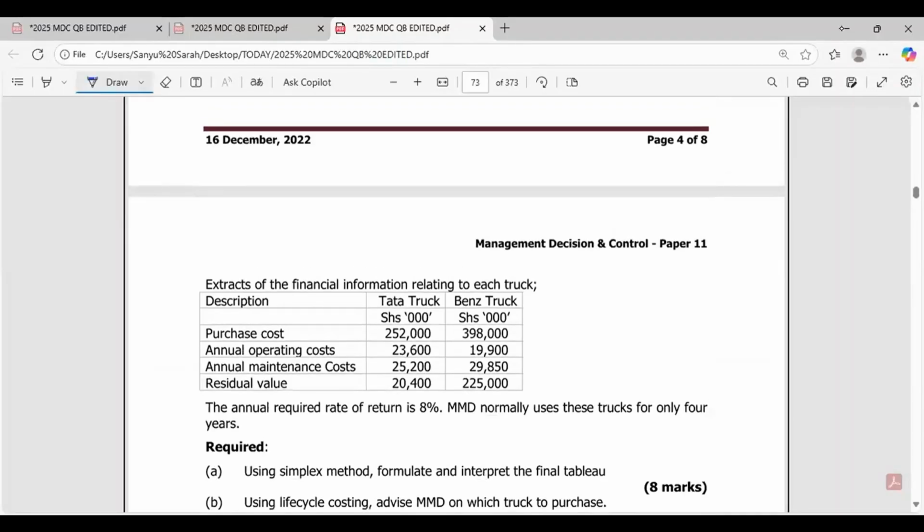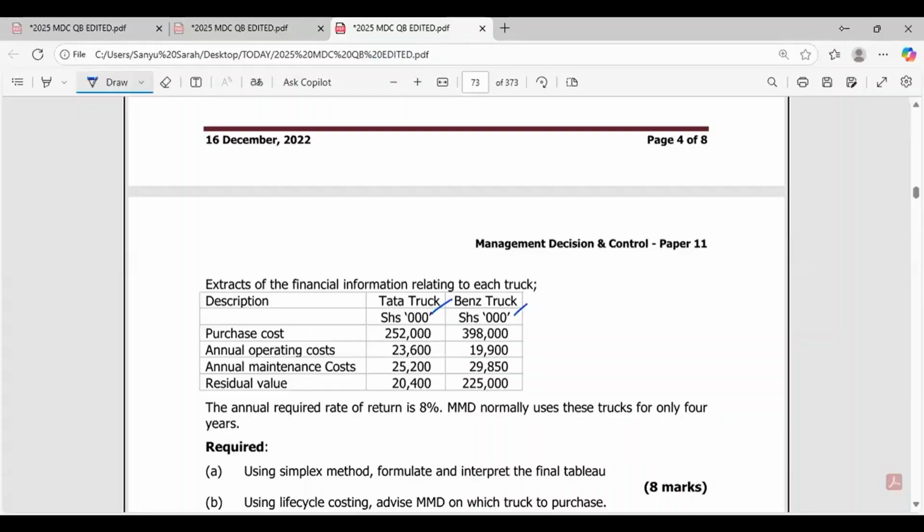Of course, everyone wants a product with lower costs. So if I'm to advise on which truck they should buy, I should advise basing on a truck with lower life cycle costs. So we need to compute the life cycle costs for each Tata truck and Benz truck.